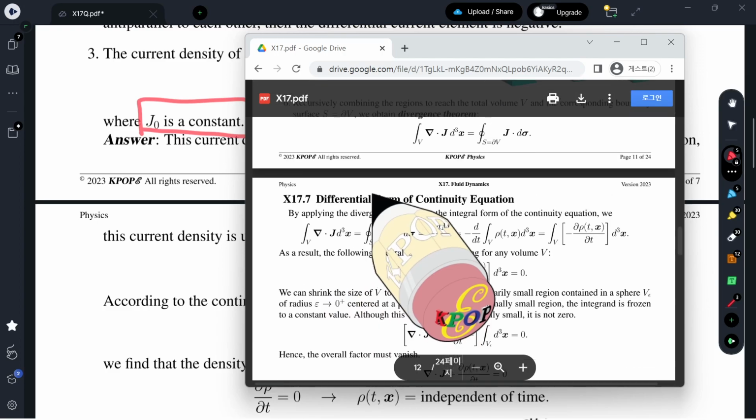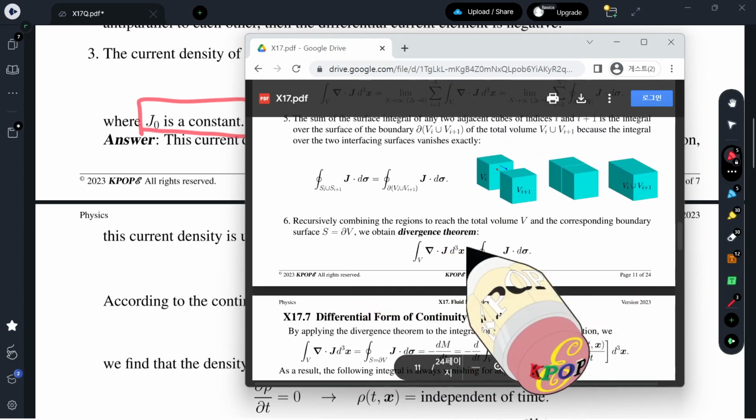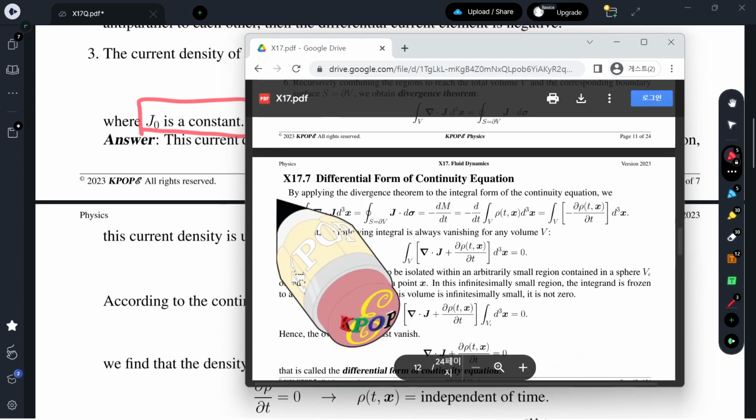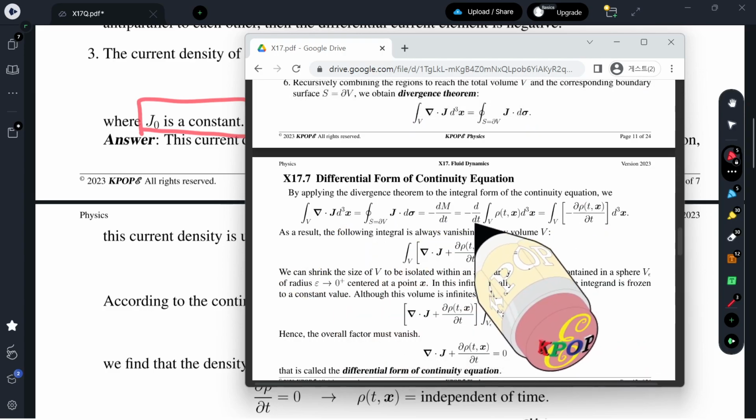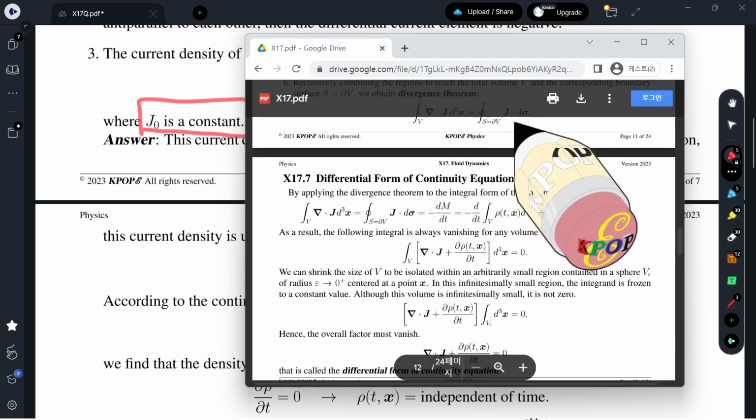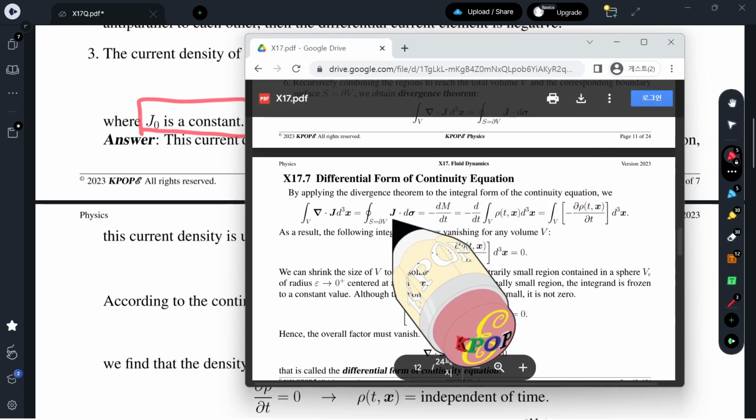By making use of this divergence theorem, you can replace this volume integral in terms of a surface integral.